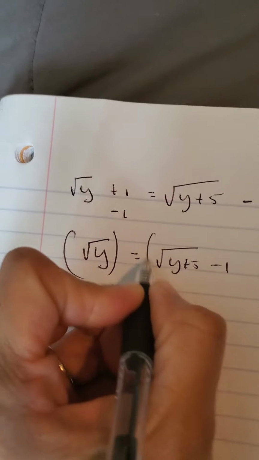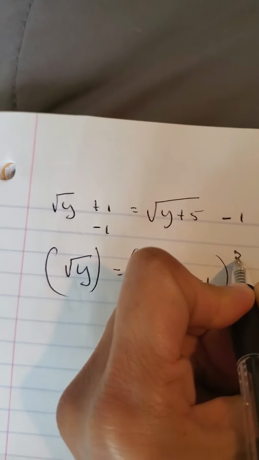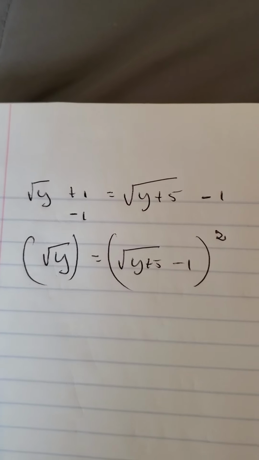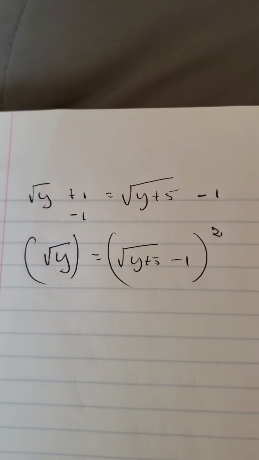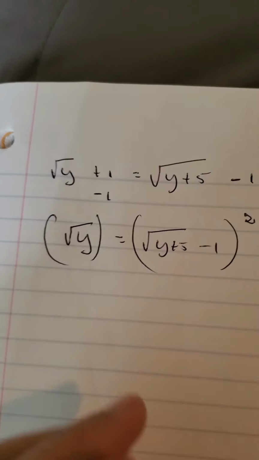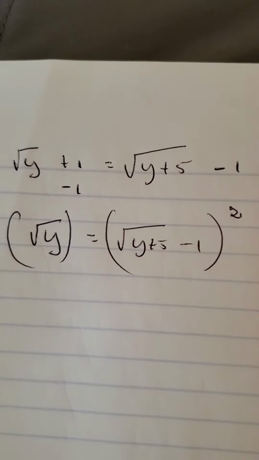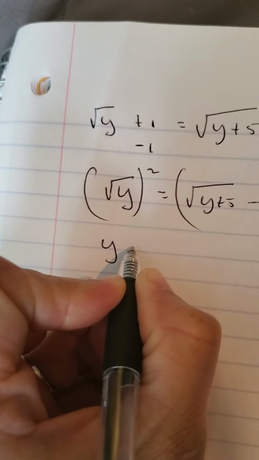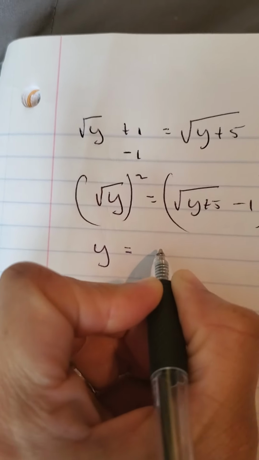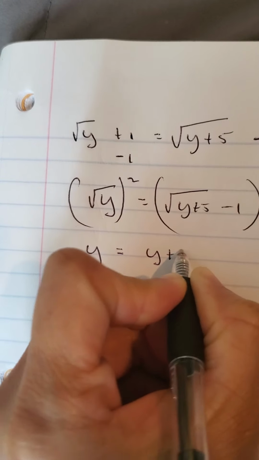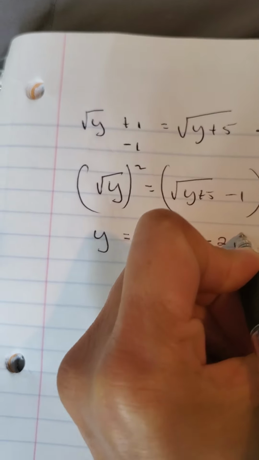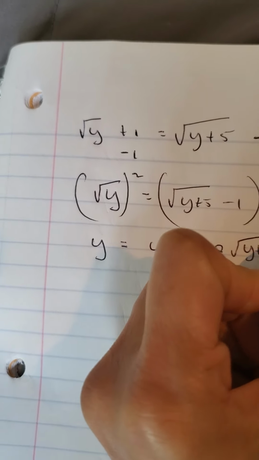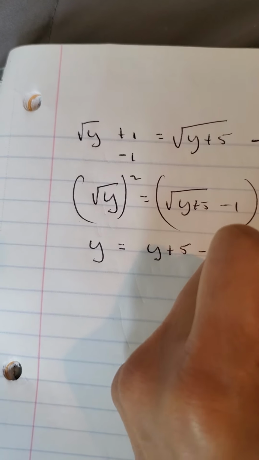Now I'm going to square both sides, and let's see what happens there. Here, this is going to be y equals y plus 5 minus 2 times the square root of y plus 5, plus 1.